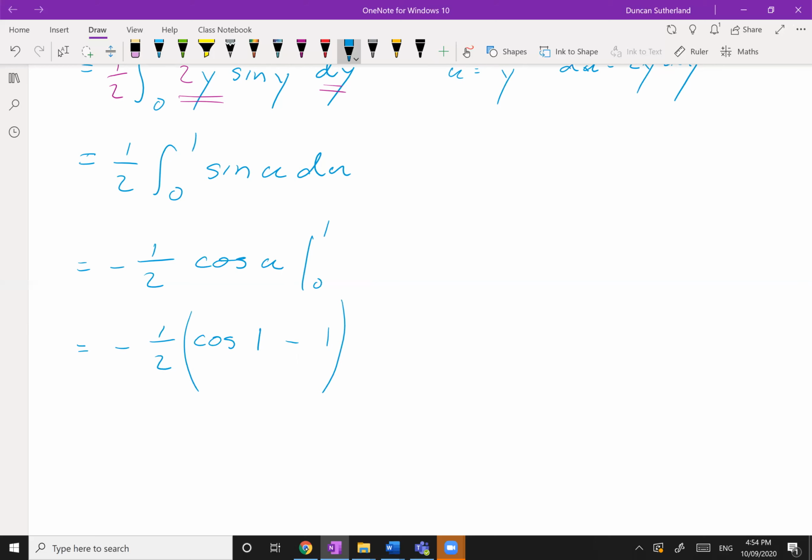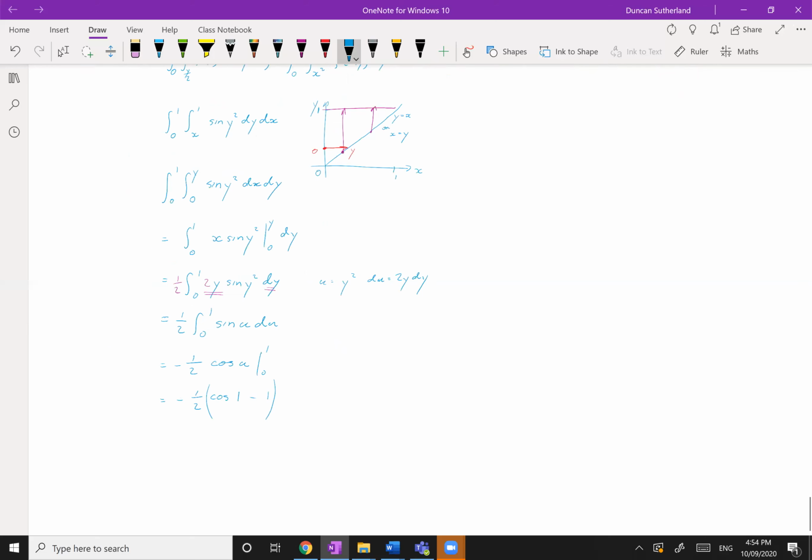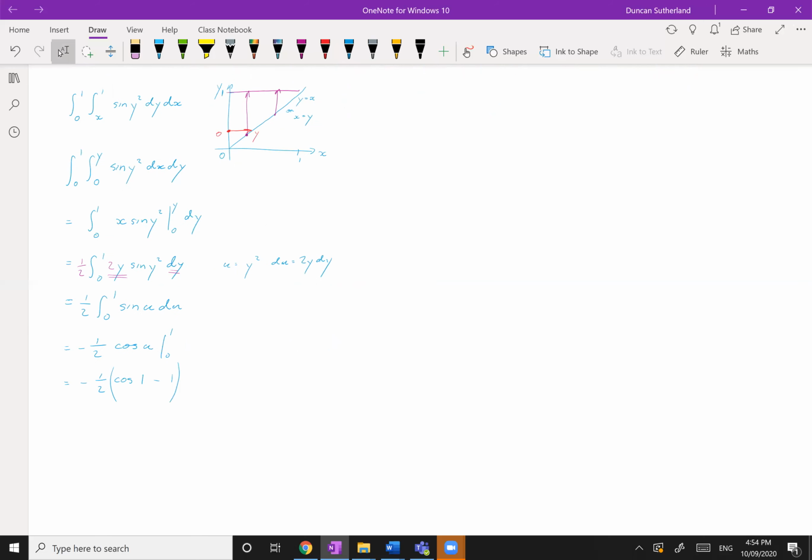All right, so this idea of approaching intractable double integrals by switching the order is something you see quite a bit. There's only a few elementary functions that really cause problems, I guess, and of course you need the right region, right?